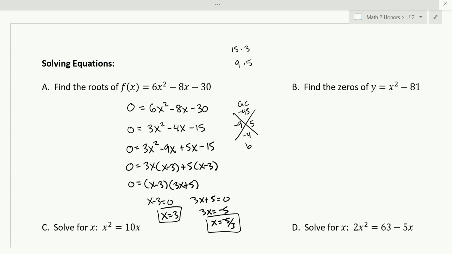If A is positive, it opens up, has a minimum. Good. Mac, tell me something else about this graph. What else can you add to that? Okay, what are the x-intercepts? Good. Brandon, can you add anything else?